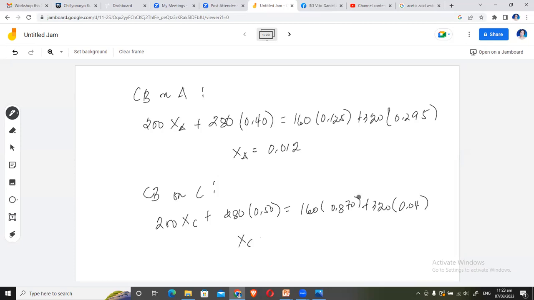So you have XC equal to 0.06. Your XB will just be 1 minus XA plus XC. So your XB here is equal to 0.928.